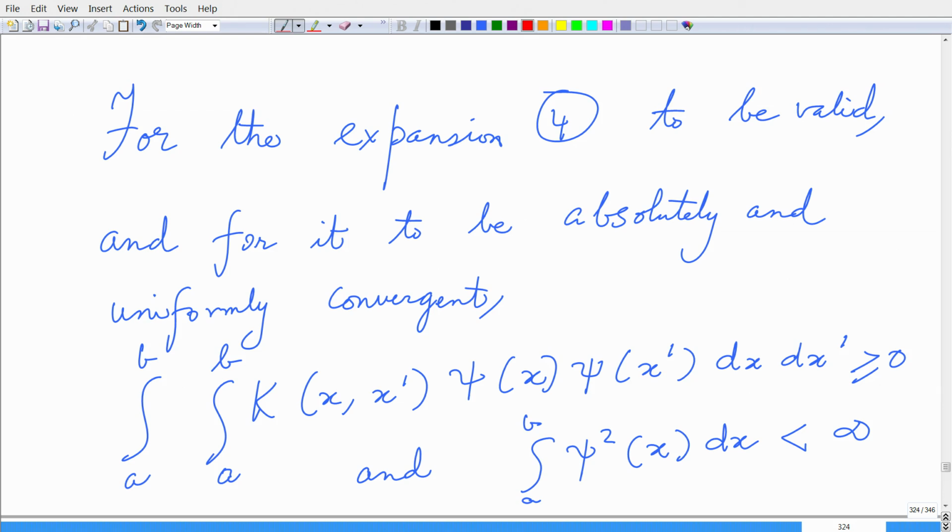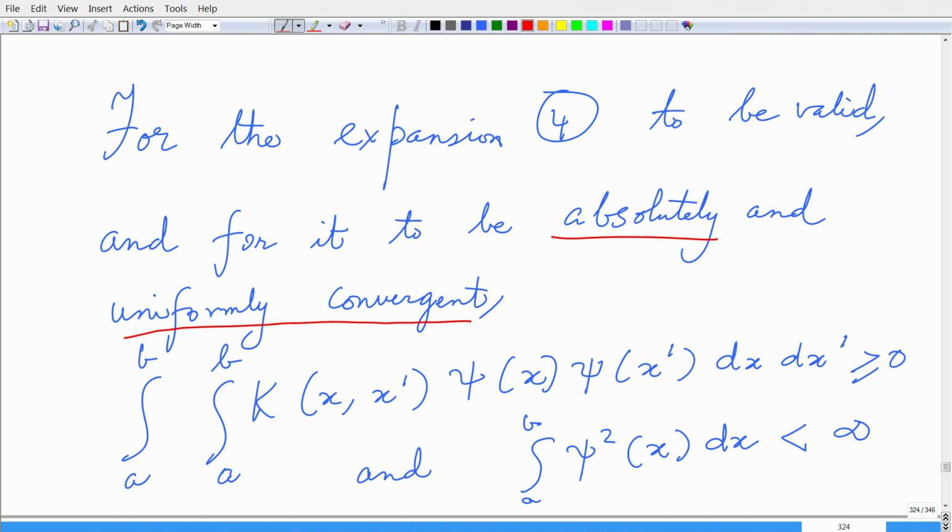From an analysis perspective, for this summation to be absolutely and uniformly convergent, this double integral from a to b of the kernel times psi of x times psi of x prime has to be greater than or equal to 0, and this integral from a to b of psi square of x dx has to be finite.